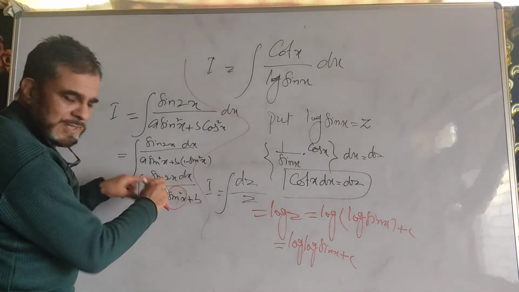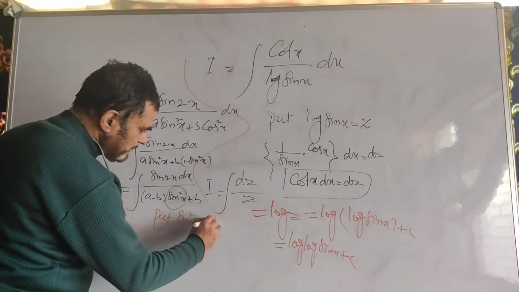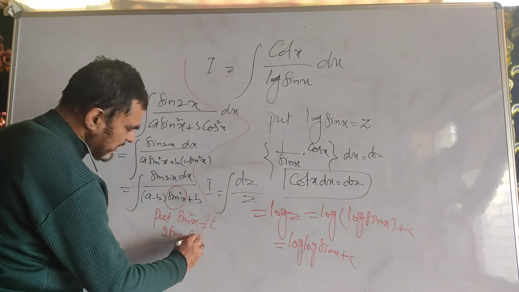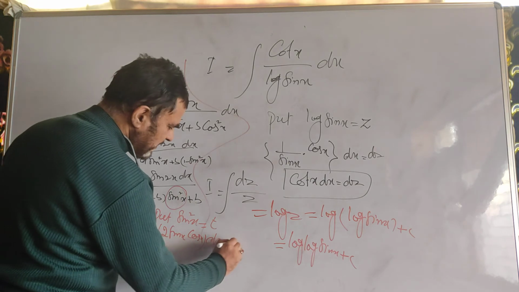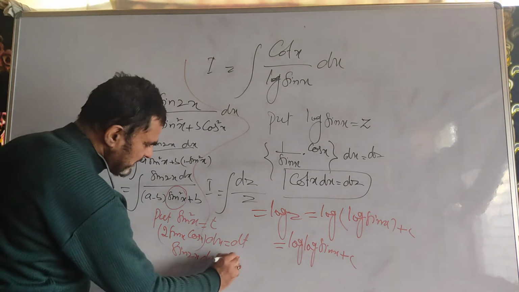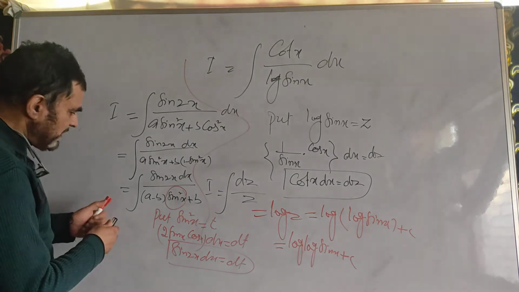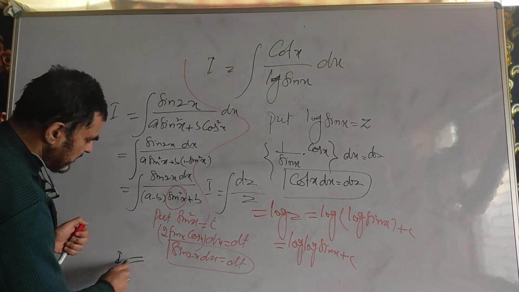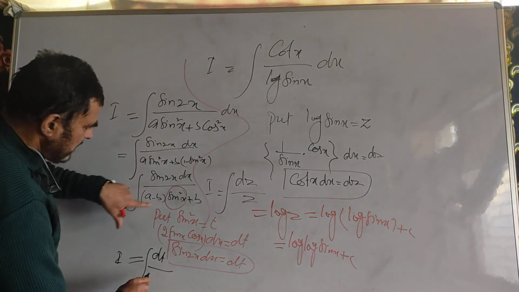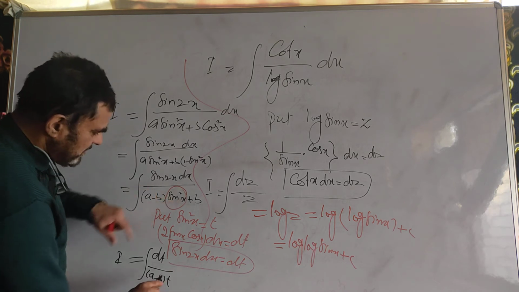Its derivative is 2 sin x cos x dx equal to dt, so sin 2x dx is dt. Therefore the integrand gets reduced: it is dt by a minus b times t plus b.